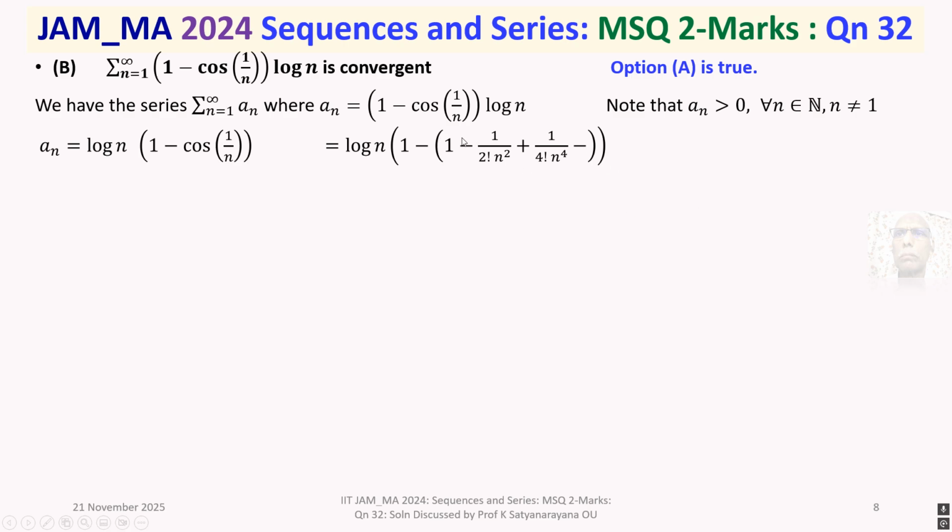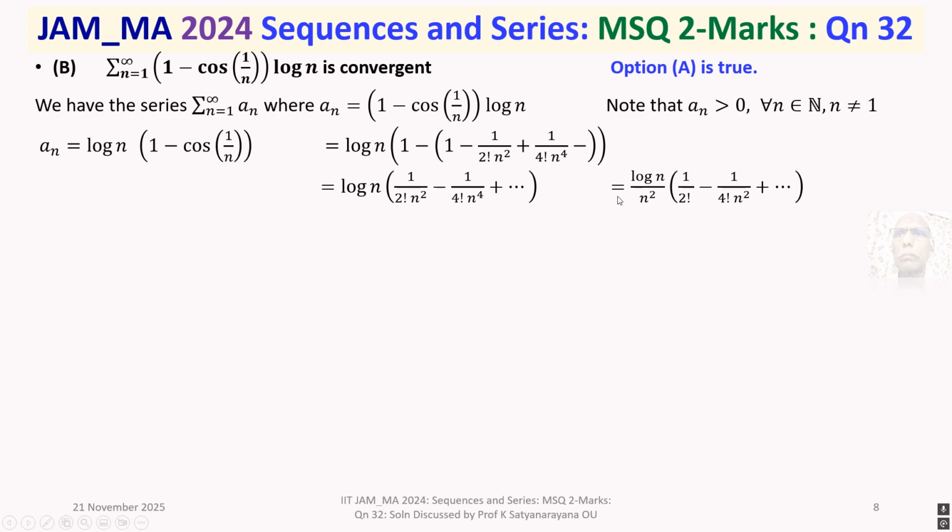And expand now: minus of this bracket, 1 minus 1 will cancel and you are left with log n multiplied by 1 by 2 factorial into n square minus 1 by 4 factorial into n to the power of 4 plus so on and so forth. Take 1 by n square common from the bracket. So you will get log n by n square into 1 by 2 factorial minus 1 by 4 factorial into n square plus so on and so forth.